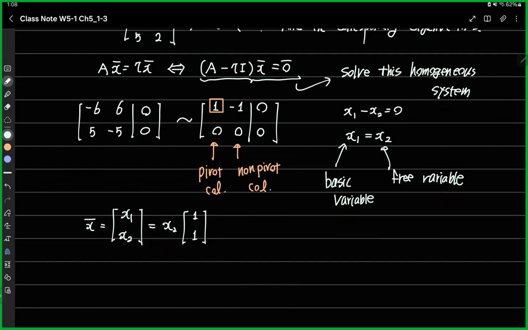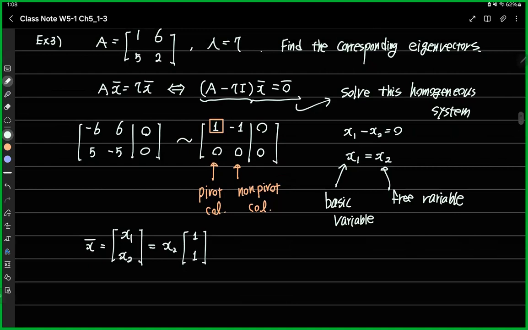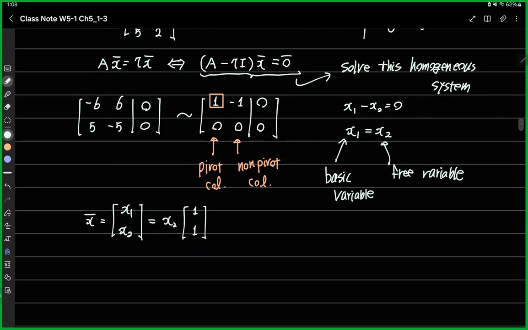So how many eigenvectors are here? There are infinitely many eigenvectors, right? Any vector having the form constant times (1, 1), which in the R2 space is this line.